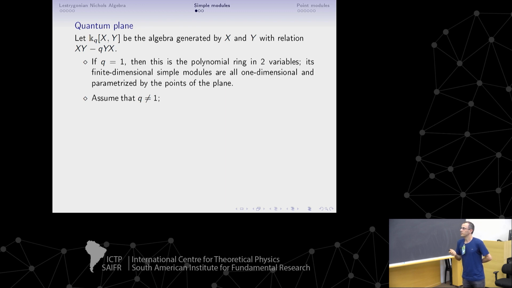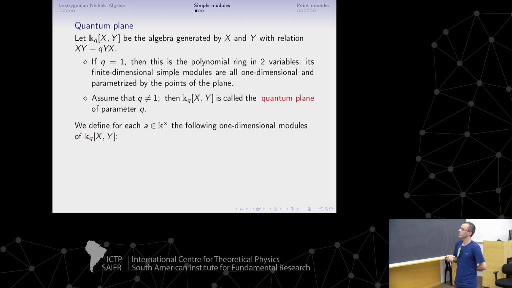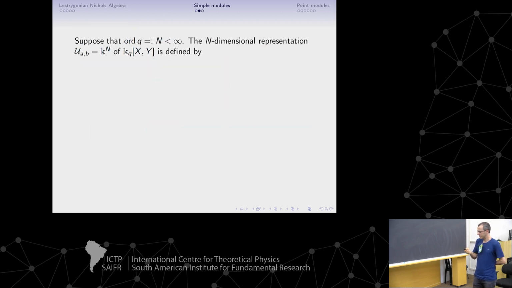When q is not 1, we have the quantum plane. What are the finite dimensional simple modules of the quantum plane? There are two classes. The class of modules of dimension 1, this and this, and the class of dimension n, where n is the order of q.